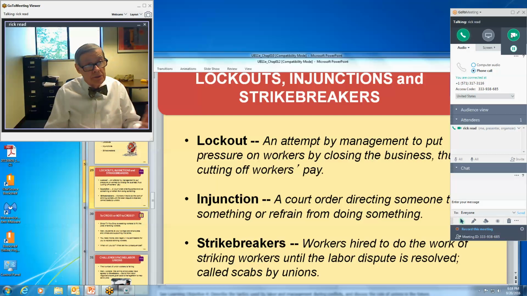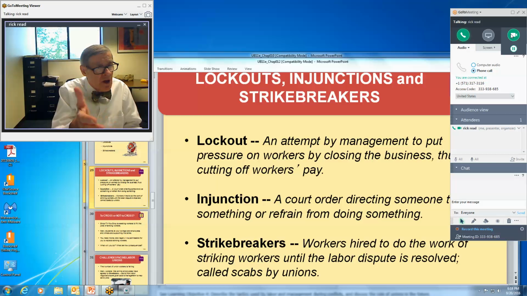It would be like the steel industry used to be years ago, and some other ones. This just talks about what we just said: what a lockout does, what an injunction does, what strike breakers do. And so that's it.